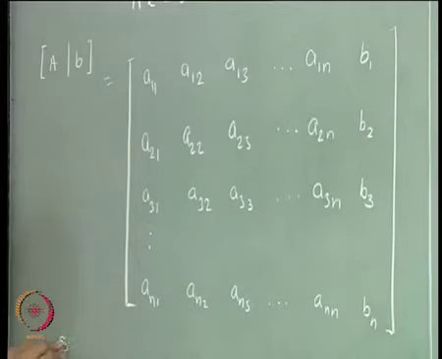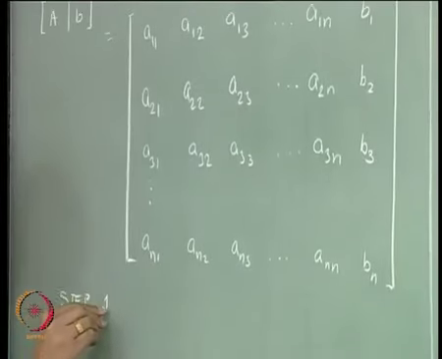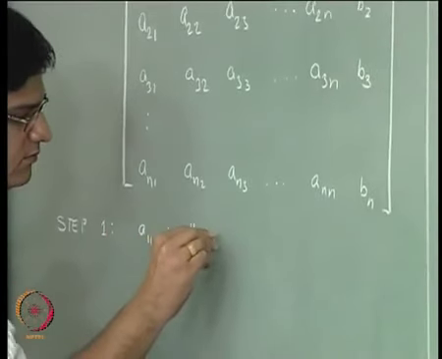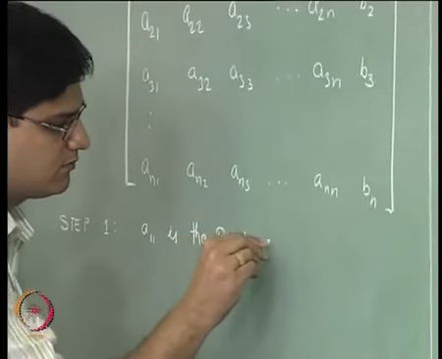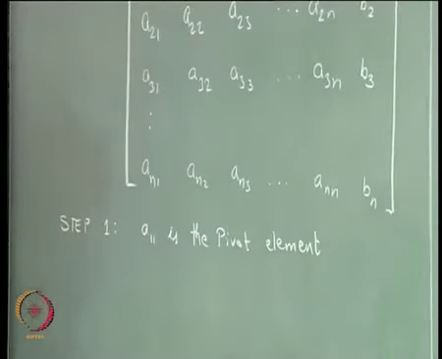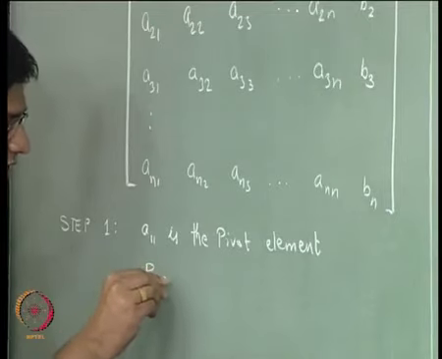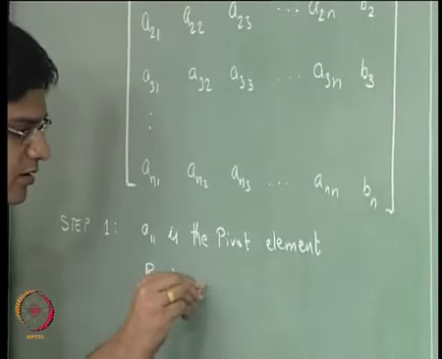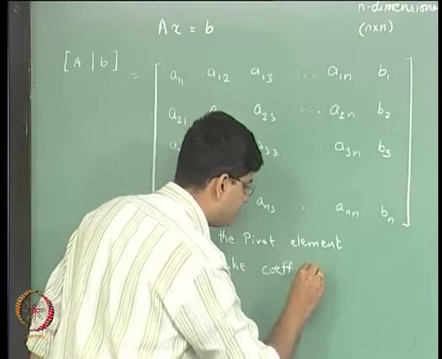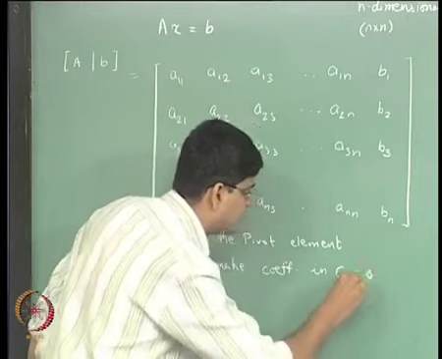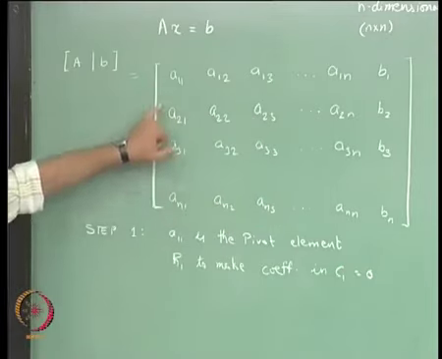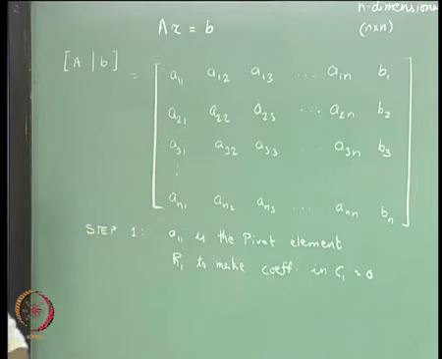Okay. In step 1, A11 is the pivot element and R1 is the pivot row. We will use R1 to make the coefficients in the pivot column equal to 0. So we will do row operations to make A21, A31 and An1 equal to 0.